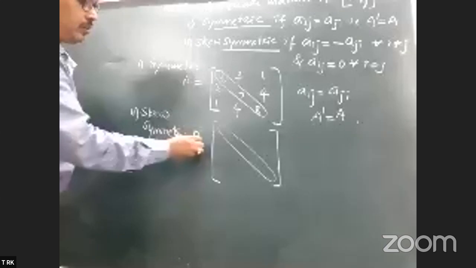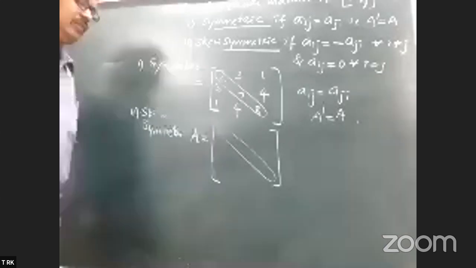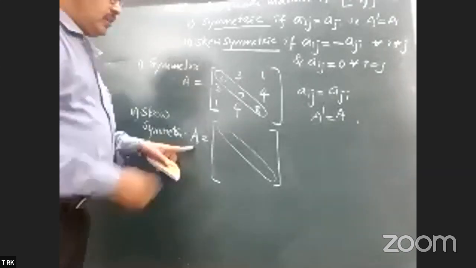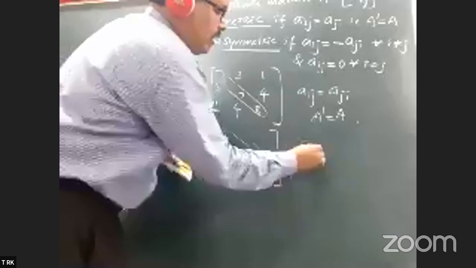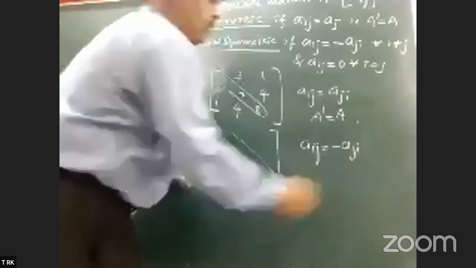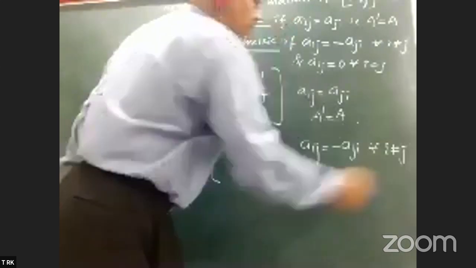B, or take A itself, nothing happens. Here Aij is equal to minus Aji for all i different from j.